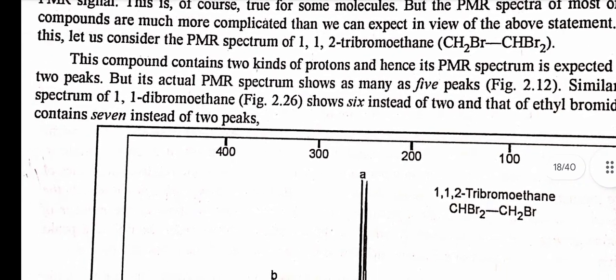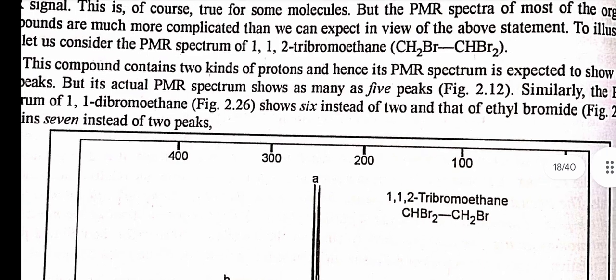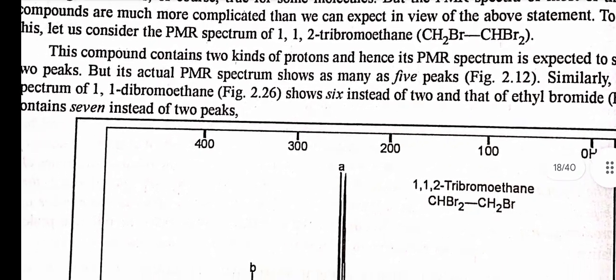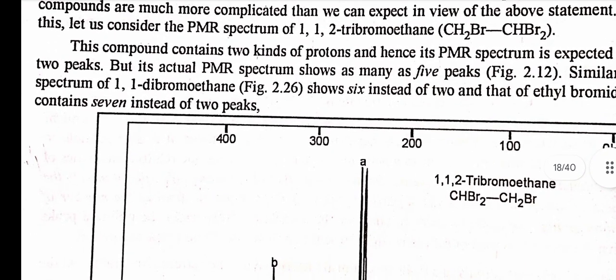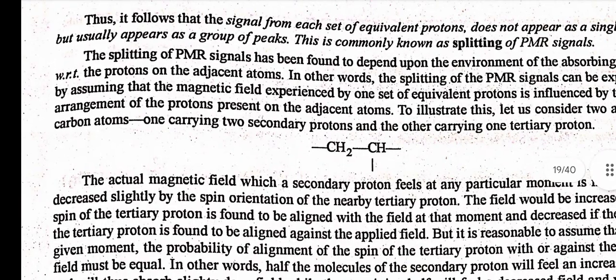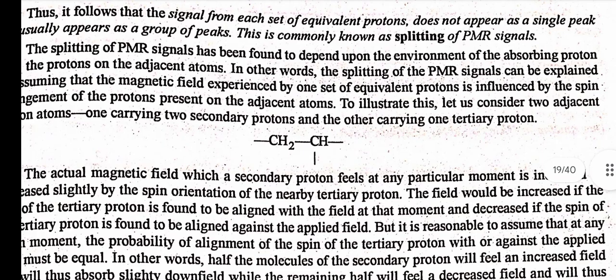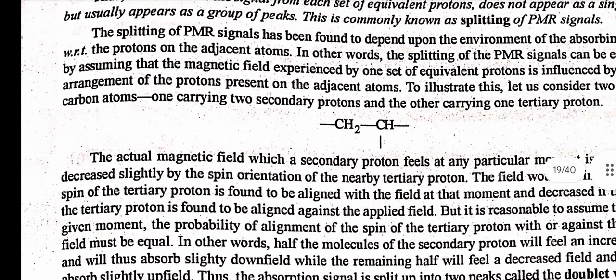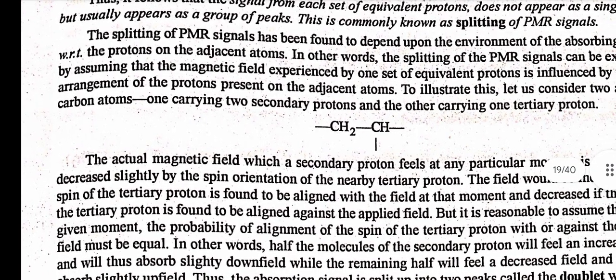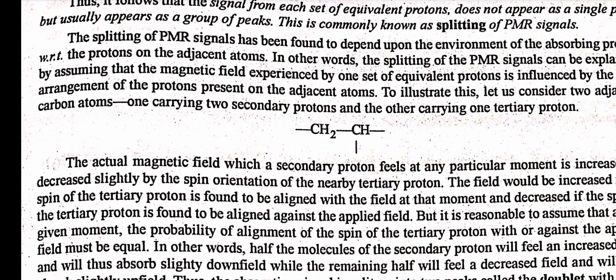Similarly, the PMR spectrum of 1,1-dibromoethane shows 6 instead of 2, and that of ethyl bromide contains 7 instead of 2 peaks. Thus, it follows that the signal from each set of equivalent protons does not appear as a single peak but usually appears as a group of peaks. This is commonly known as splitting of PMR signals.